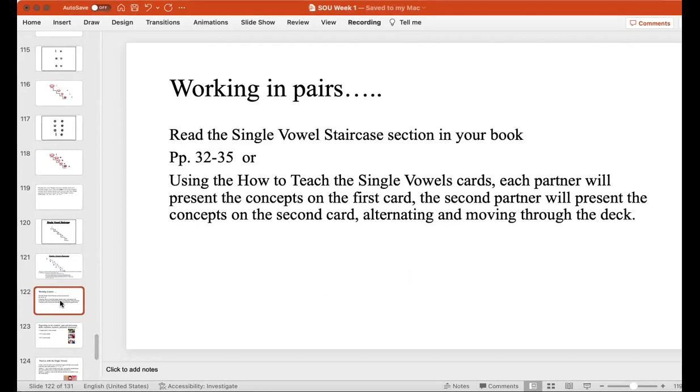This is pages 32 to 35 in your book, or you have a set of small cards on how to teach the single vowel staircase. What I would ask you to do is go back and forth with your partner. One person is not the only teacher, but you switch roles back and forth. Any questions of what I want you to do?